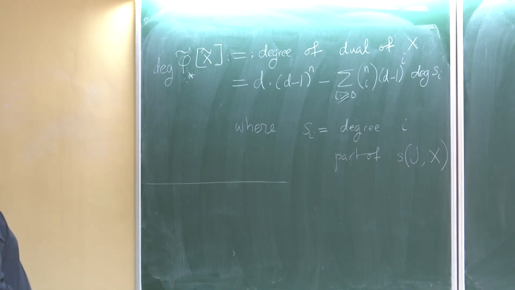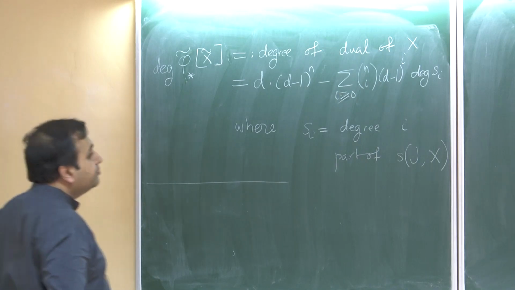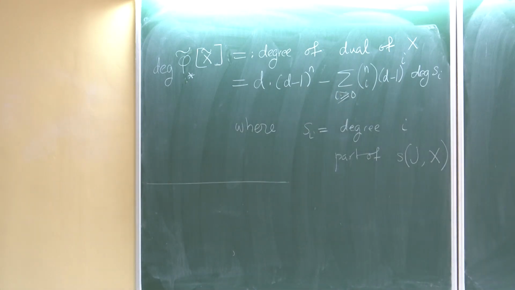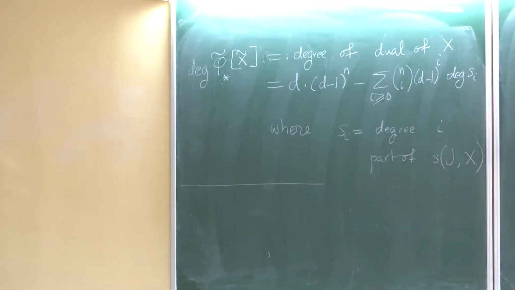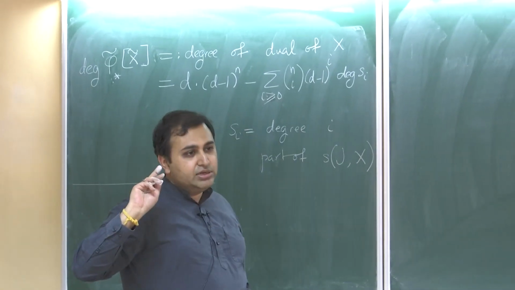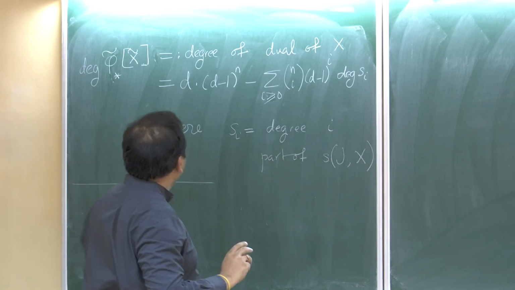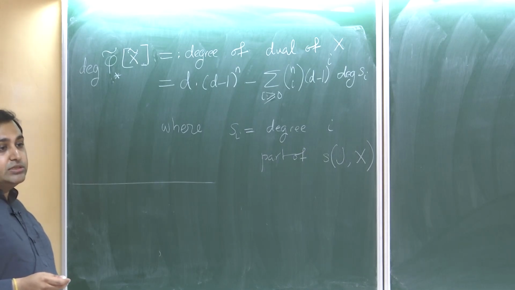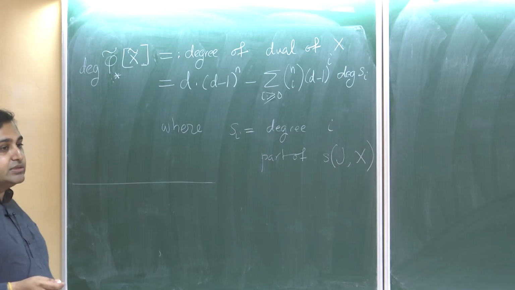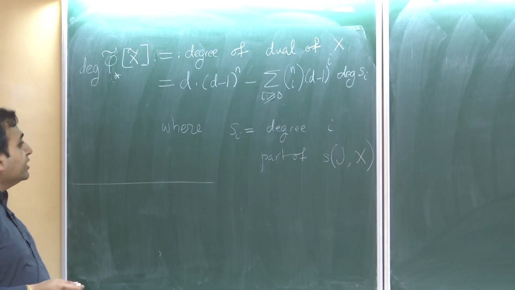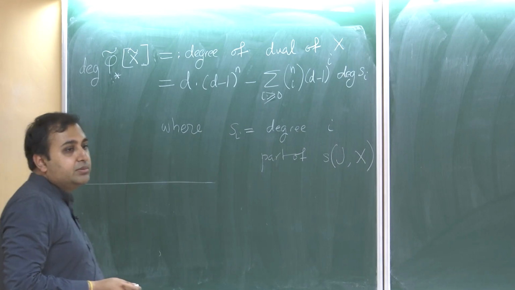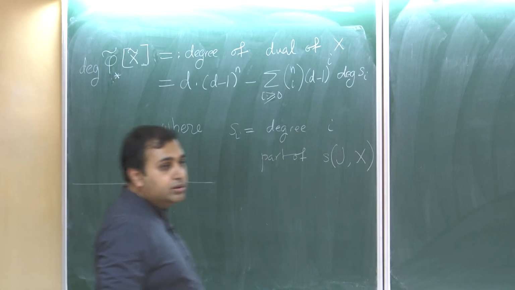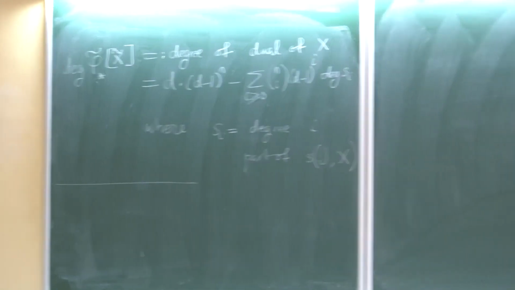Actually maybe I should have said that I don't exactly want to look at the degree of the hypersurface. I want to look at this particular quantity, which is a little different. But it's actually the same here, because phi is birational. That's the point. Here it's not, but it doesn't matter. So here they are the same, just for dimensional reasons.